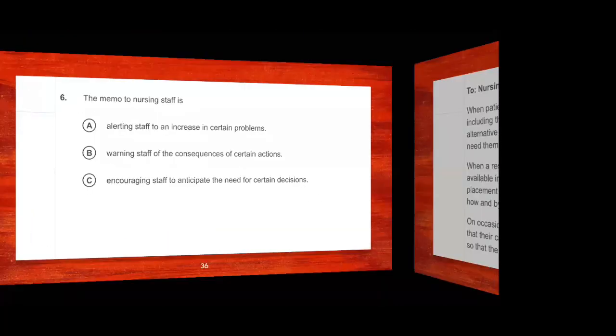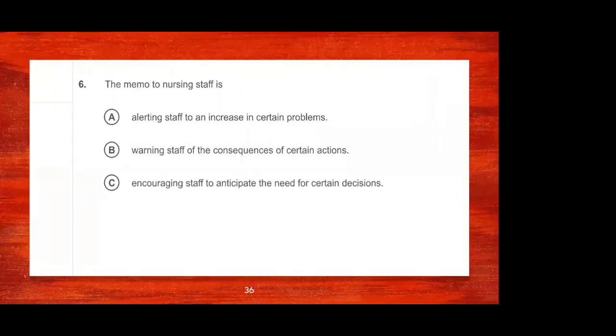Okay, so the question is, the memo to nursing staff is: alerting staff to an increase in certain problems, warning staff of the consequences of certain actions, encouraging staff to anticipate the need for certain decisions. So the first option is saying alerting the staff to an increase in certain problems.